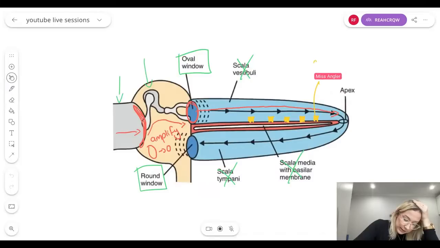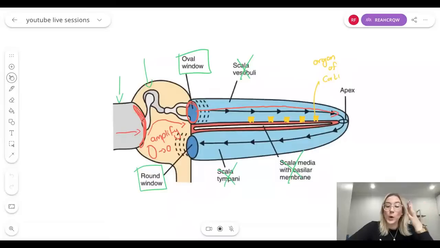This is the organ of Corti. And the organ of Corti takes those pressure waves, that blue liquid that you can see there, and converts it into an electrical impulse. That electrical impulse is sent to the cerebrum, and it's interpreted as sound and hearing.